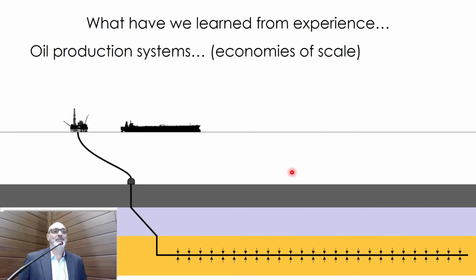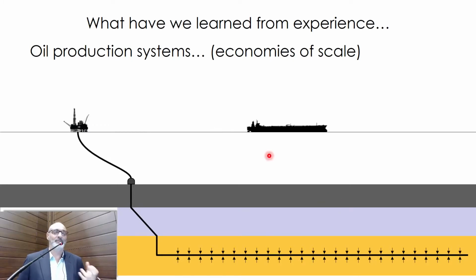So what happens when you produce oil? What's the production system as far as oil is concerned? You have a reservoir here. You drill a hole, and you have oil seeping to the pipeline, and then you can put that in a tanker and ship that to wherever in the world, Brazil, for instance.